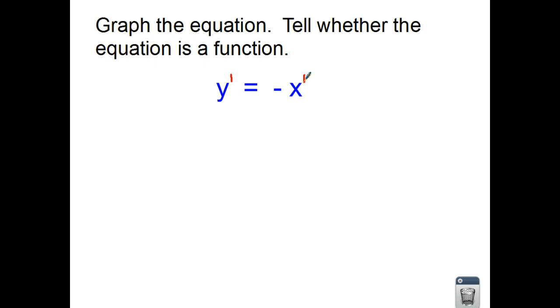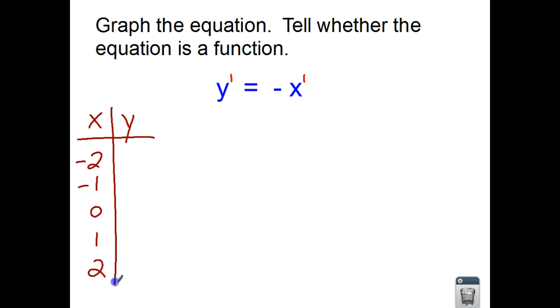Now there's a couple of different ways that we can do this. I can create a function table and make up a bunch of x values, our inputs, what I put into the equation. I just pick some random values. What I put in, I'm going to follow the equation and it will tell me what is going to come out.